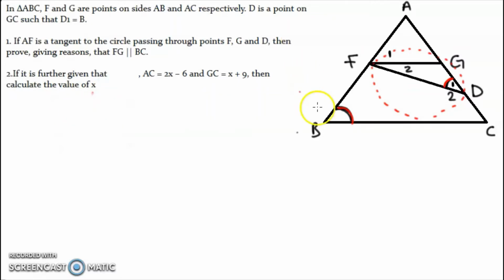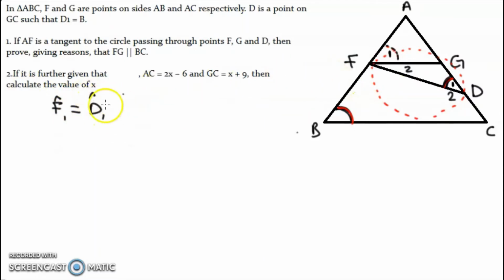Okay, if you look at angle F1, let me use black. If we look at F1 here, this angle, and also look at the angle inside triangle FGD, you'll find that they are equal. So angle F1 is equal to angle D1.